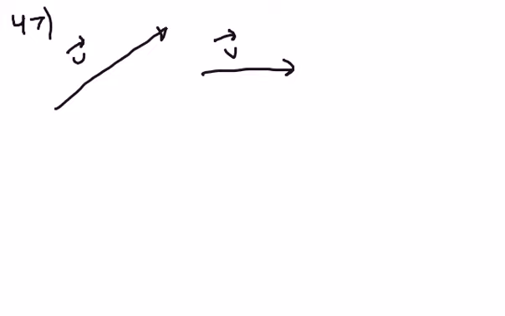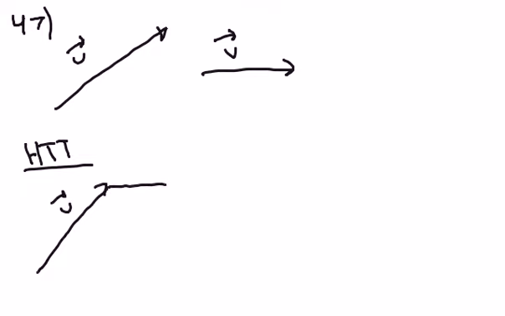For u plus v, I'm going to do it first with the head to tail method. If I take v and slide it up to the end of u, I can get what u plus v is. Here's u, here's v, put them head to tail, and now this one here is u plus v.